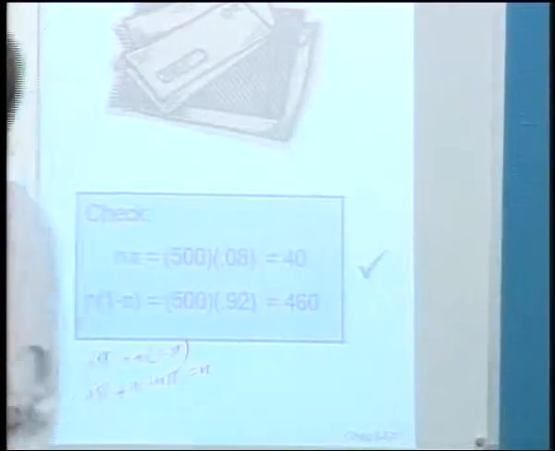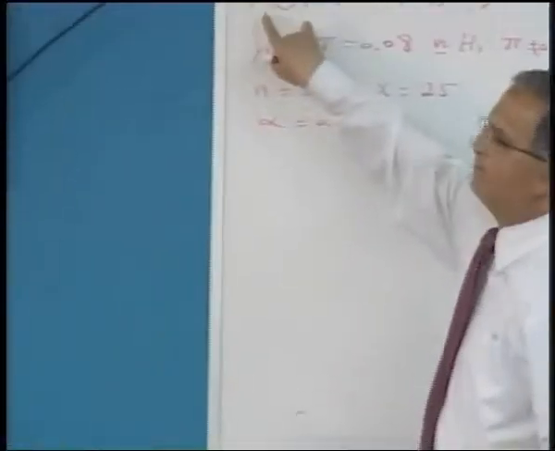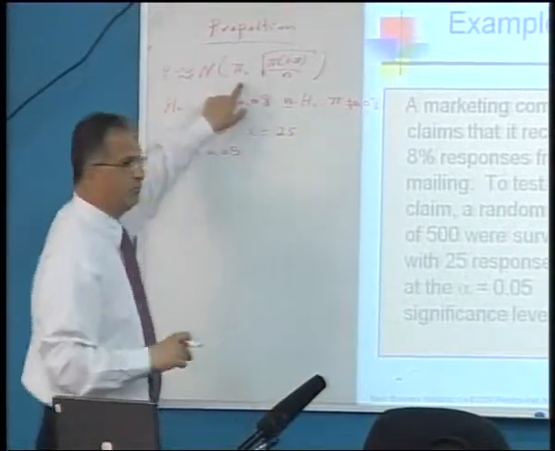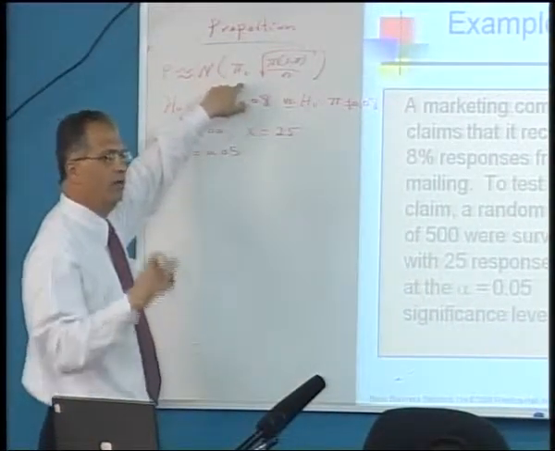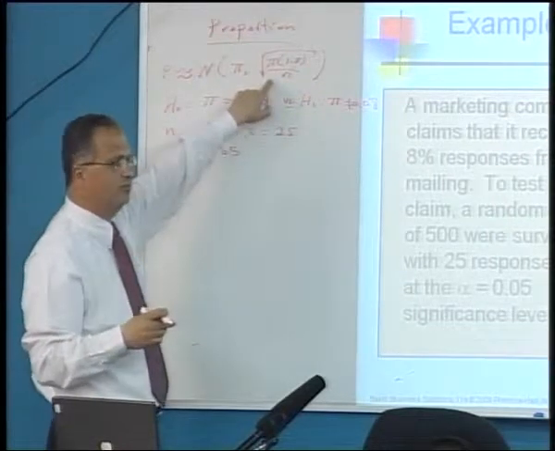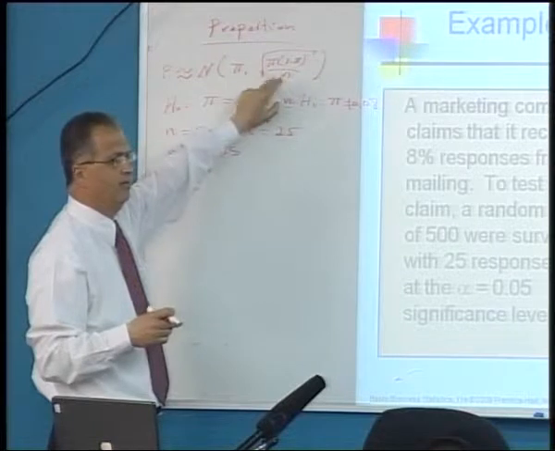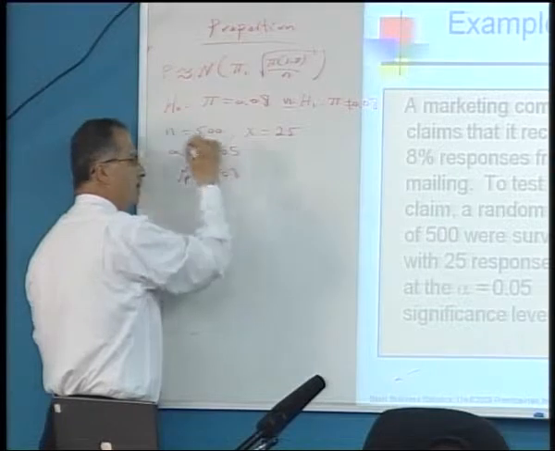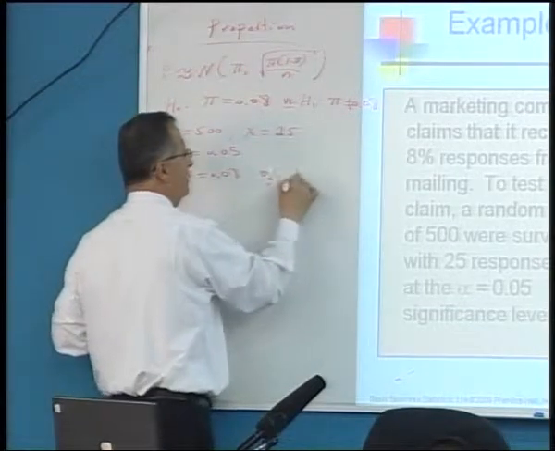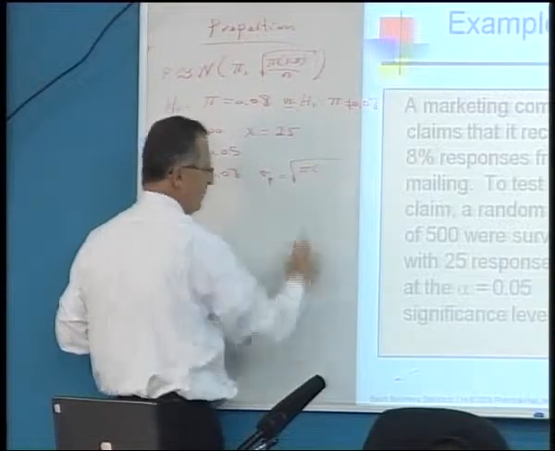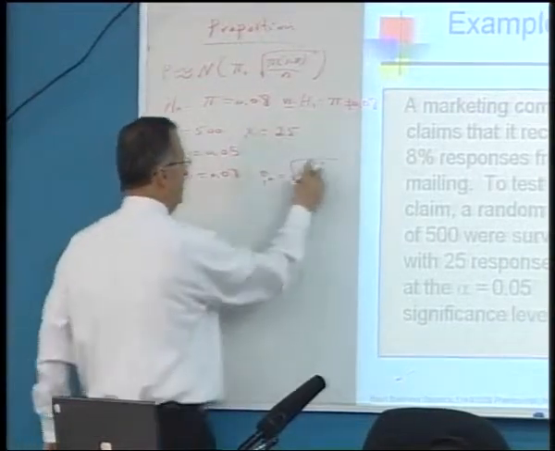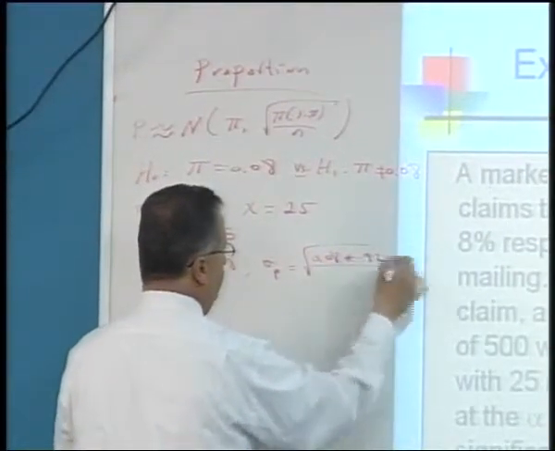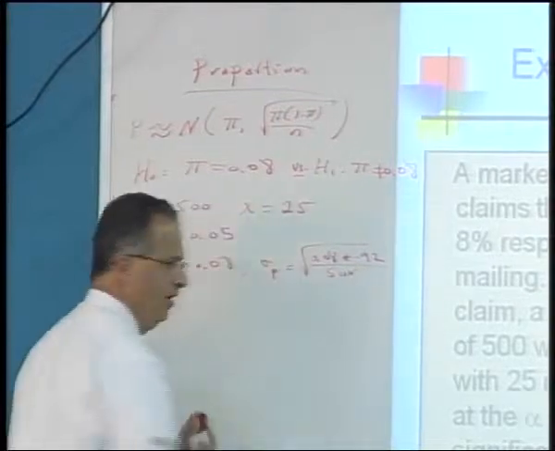Then we can say that the sample proportion is approximately normally distributed with mean equals pi, with standard deviation of the square root of pi times 1 minus pi divided by n. So that's your mean, the mean is pi, and sigma is the square root of 8% times 1 minus pi, 0.92, divided by n, 500.